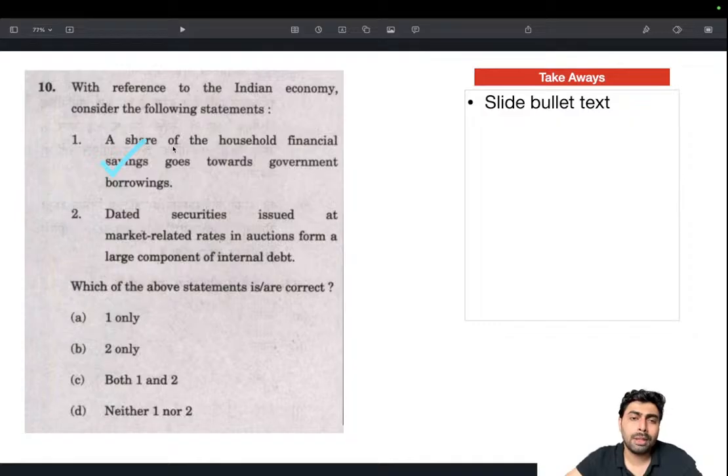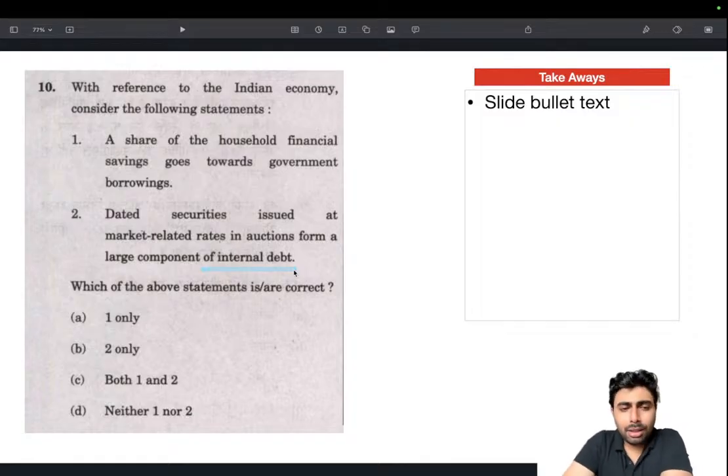This is true, but you need to have an idea about small saving schemes to get this right. Then, dated securities issued at market-related rates in auctions form a large component of internal debt. It's slightly on the factual side. You need to know the major components of internal and external debt.